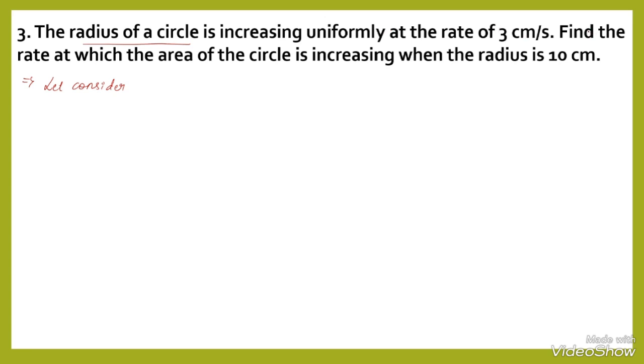First let us take these given points. Find the rate at which the area of the circle is increasing when the radius is 10 centimeter. Here the area will be increasing, so we have to find that only.